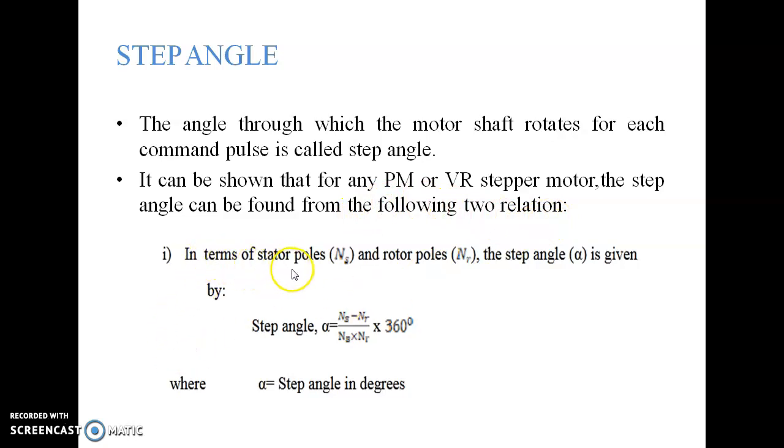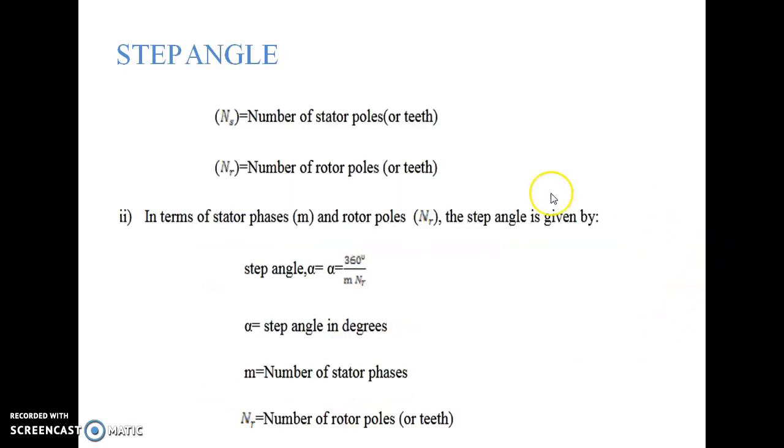First one, in terms of stator poles and rotor poles. The step angle alpha equals (Ns minus Nr) by (Ns into Nr) into 360 degree, where alpha is the step angle in degrees, Ns is the number of stator poles or stator teeth, and Nr is the number of rotor poles or rotor teeth.